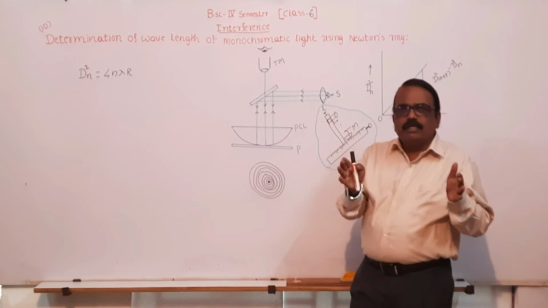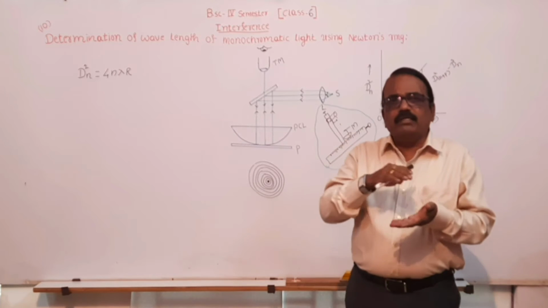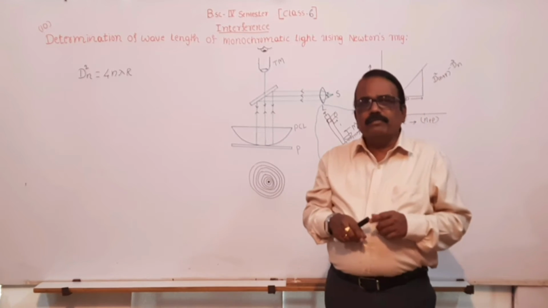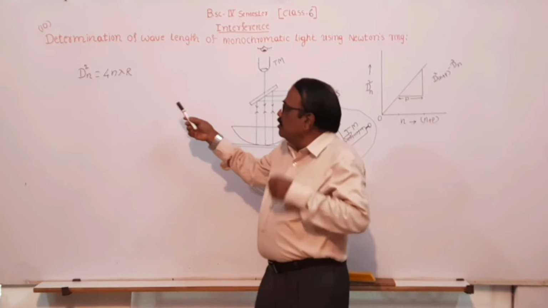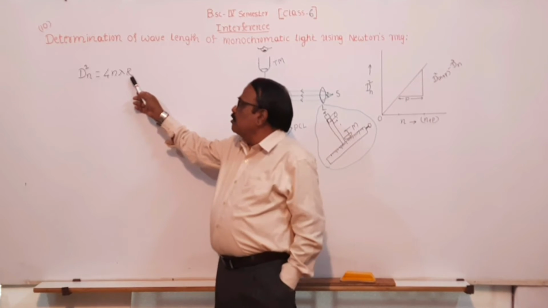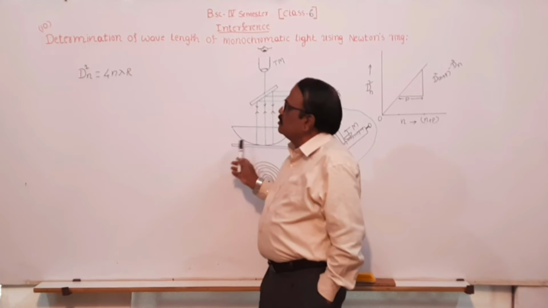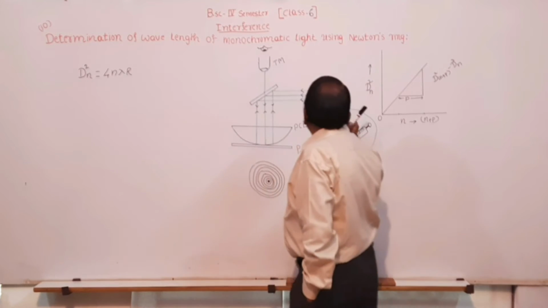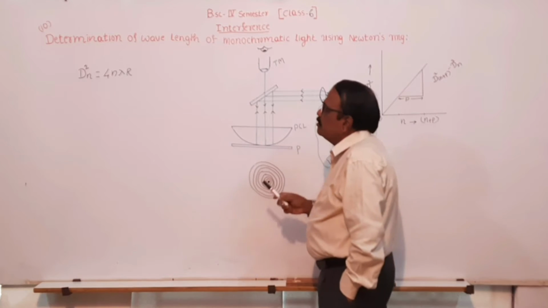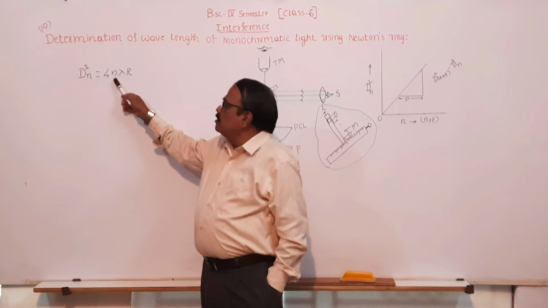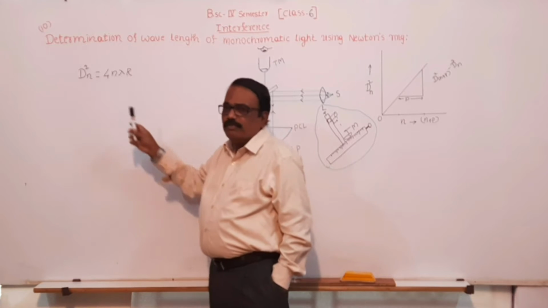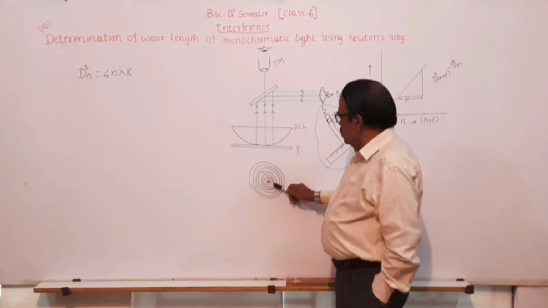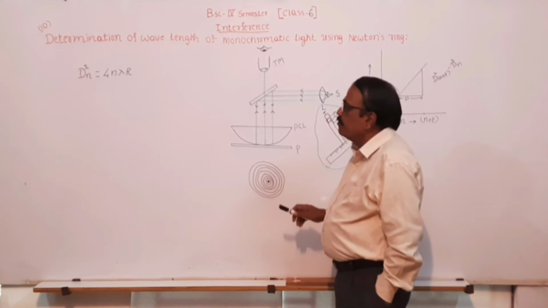The lens is selected in such a way that it has a large radius of curvature, nearly 100 centimeters. Lambda is the wavelength of this sodium source which has to be determined, and n is the number of fringes. That means first dark fringe, second, third, fourth, etc.